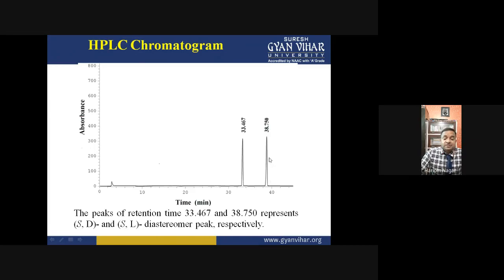So there is a huge difference, and we can clearly see that these peaks are separated. There is no merging or overlapping of the peaks. They are clearly separated, meaning the resolution or the separation of the enantiomers of DL-methionine is very good.